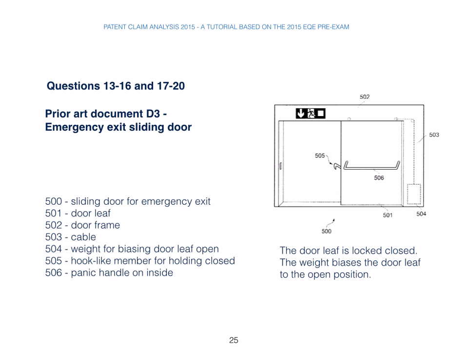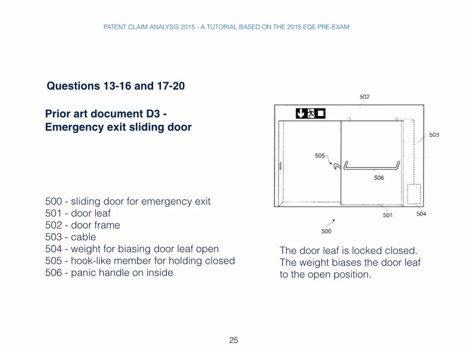Paragraph 2 explains that there are problems between pivoting doors and sliding doors, and there are special problems with sliding doors. Paragraph 3 says they have a solution for sliding doors, and they use a weight, which is 504, to bias the door to the fully open state. So for an emergency exit door, the door is biased to the open position. That's a panic handle 506.